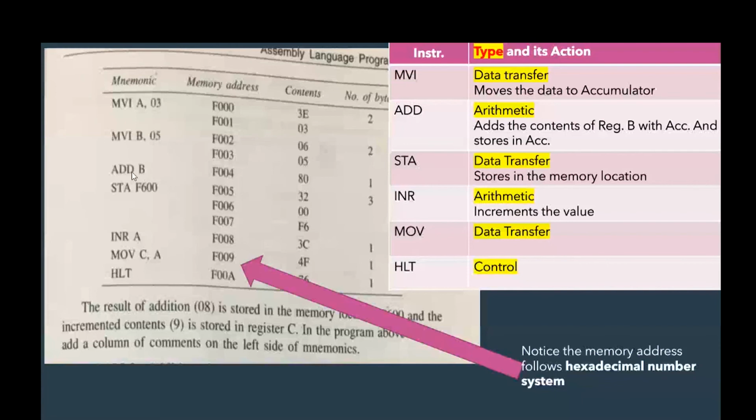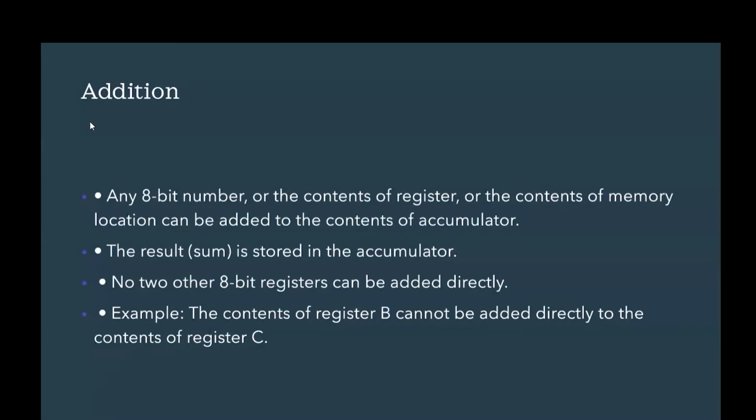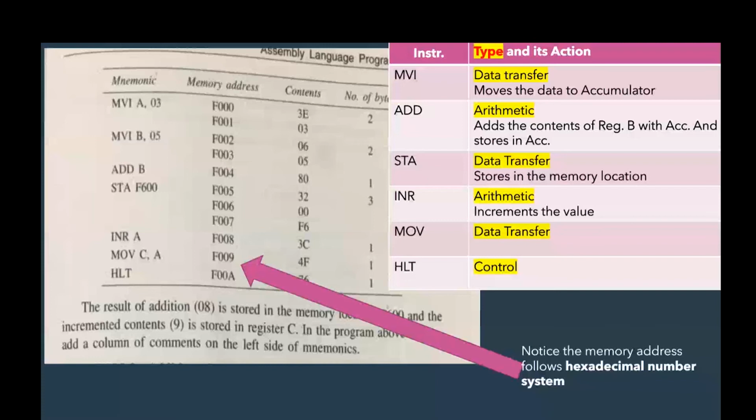The result is stored in the accumulator. No 2 other 8-bit registers can be added directly. You can't add them directly. In the sense, what am I trying to say? Here ADD B, you are adding only with respect to the accumulator. All right, you can't do ADD B plus C, ADD C plus A, no, ADD C plus D, no.